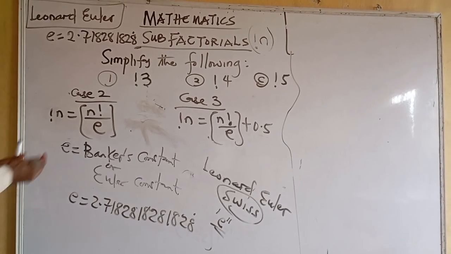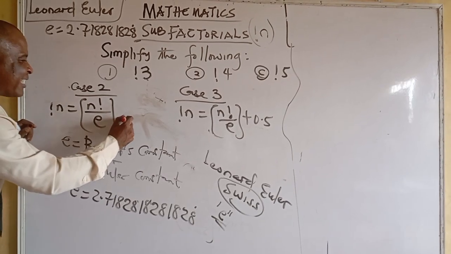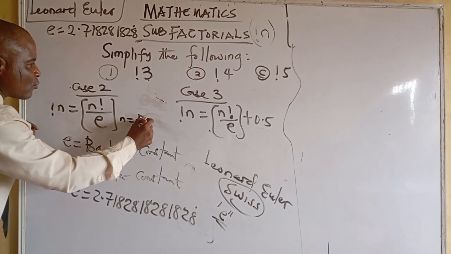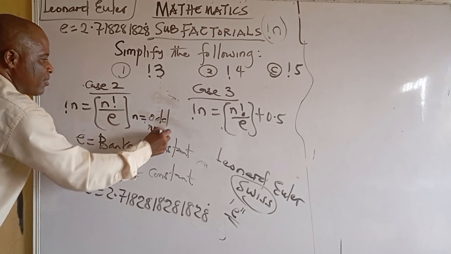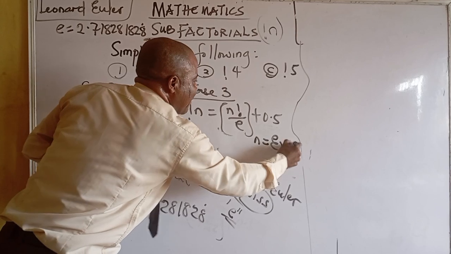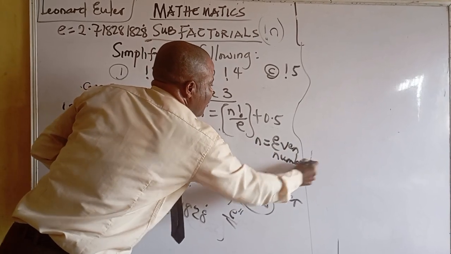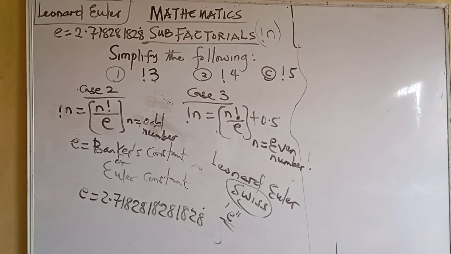Now, I want to experiment with case 2 and case 3. We apply case 2 when our n is an even number, and case 2 when our n is an odd number, and we apply case 3 when our n is an even number. That is what we do as a shortcut to case 1, the formula I've applied before.